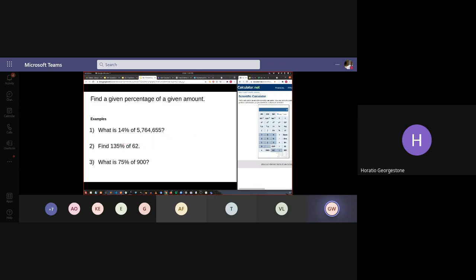Okay, so 135% is 1.35. And when we times that by 62, we get 83.7. Again, if you don't want to do the conversion in your head, just do 135 divided by 100 times 62, and you get 83.7.